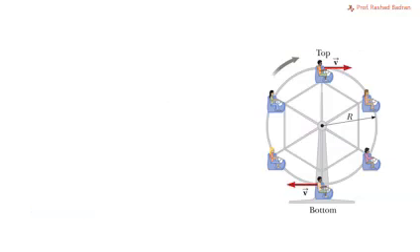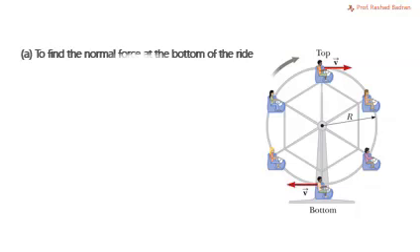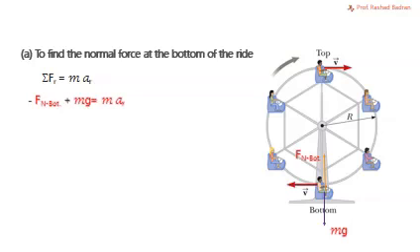Now, to find the normal force at the bottom, by looking at the forces along the radius, which are the normal force towards the center with a minus sign, and mg outward with a positive sign, that's equal to the resultant, which is m times a sub r.